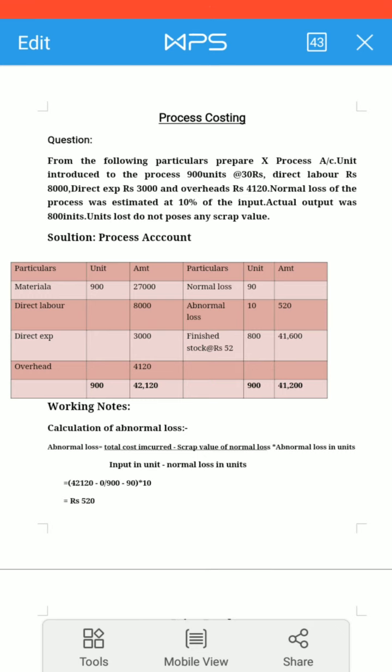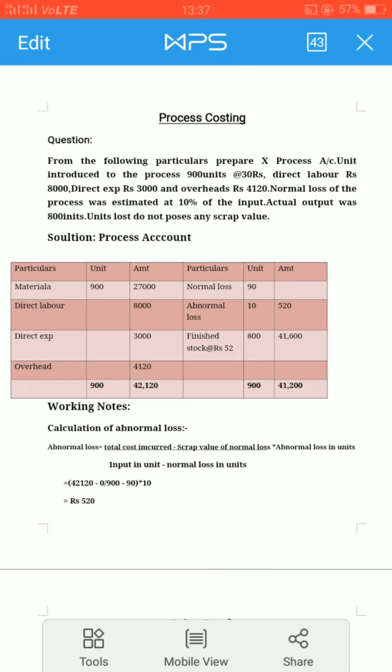First of all, prepare the process account with necessary details such as particulars column, unit column, and amount column. On the debit side, first comes materials. Materials was 900 units at 30 rupees, so materials equals 900 into 30, that is rupees 27,000. The second item on the debit side is direct labor, rupees 8,000.